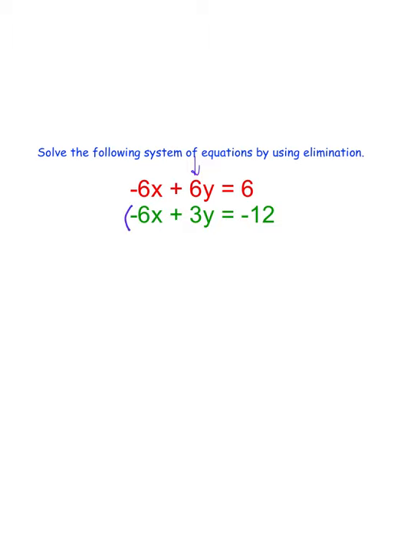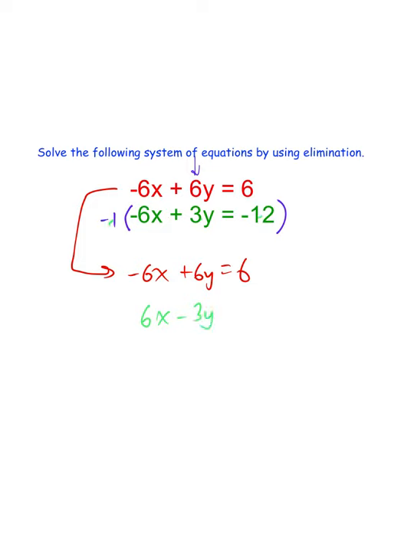So instead of doing that, let's just take this whole second equation and multiply it by -1. Now what that does is our red equation stays the same. So our red equation is still this, okay? But our green equation is now -1 times -6 is 6x. -1 times a positive 3y makes it a -3y.